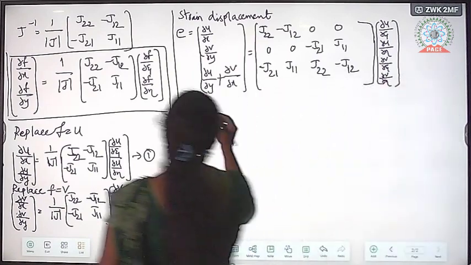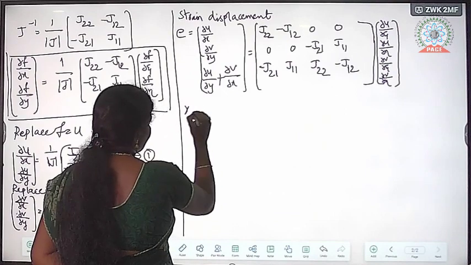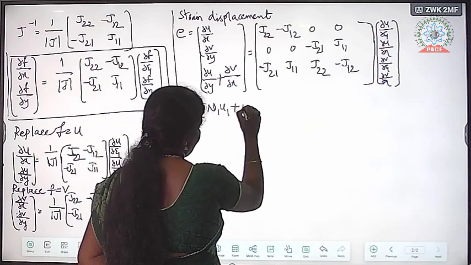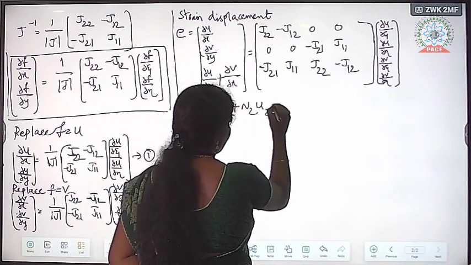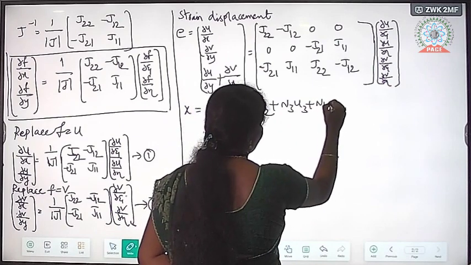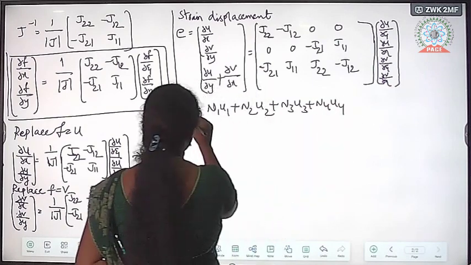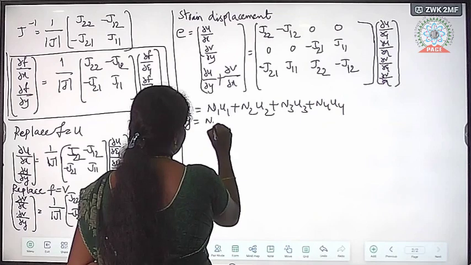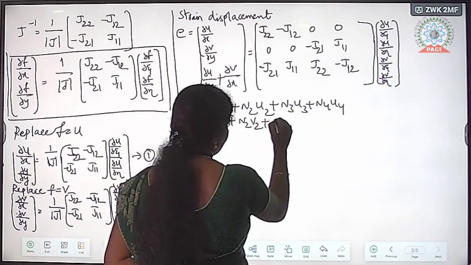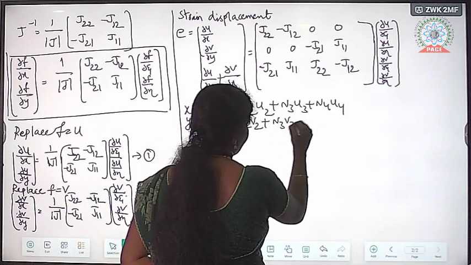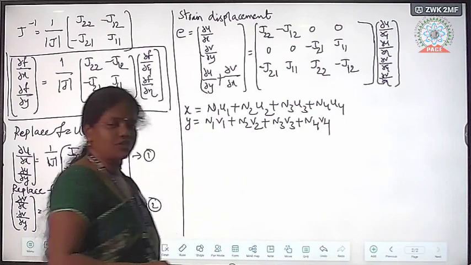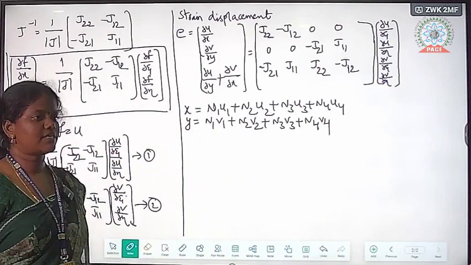After that, we already know the displacement along the x axis: N1 u1 plus N2 u2 plus N3 u3 plus N4 u4. Similarly for the y axis: N1 v1 plus N2 v2 plus N3 v3 plus N4 v4. These are the shape function equations for displacement along the x axis and y axis.